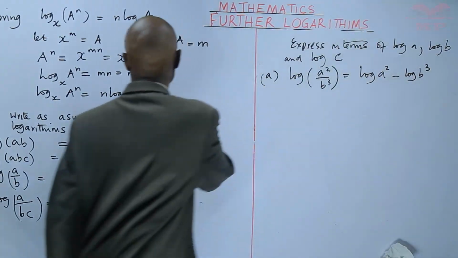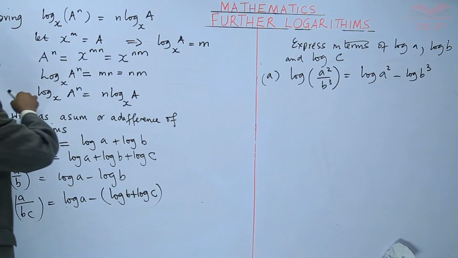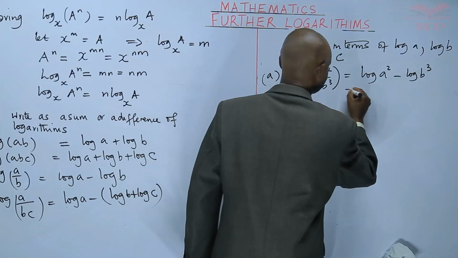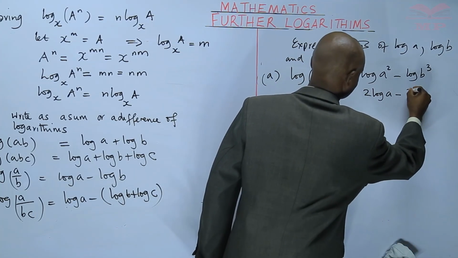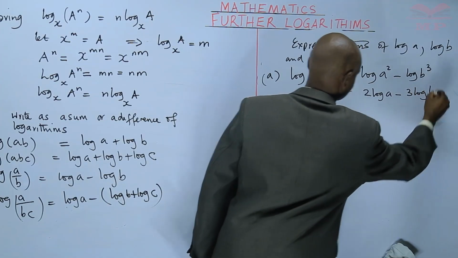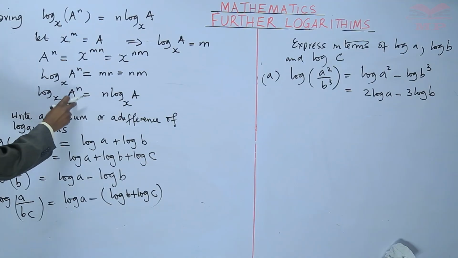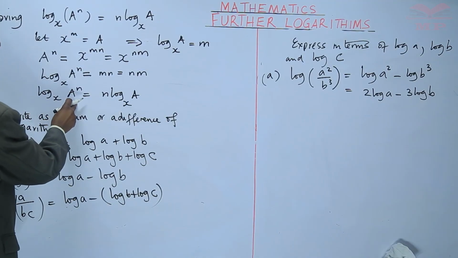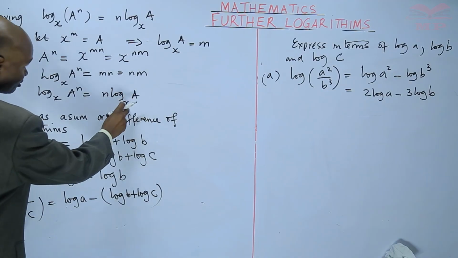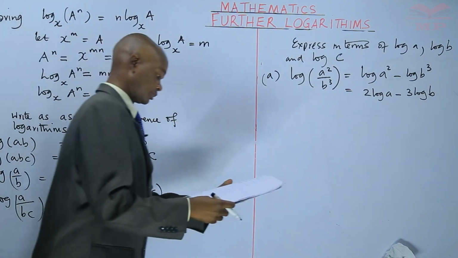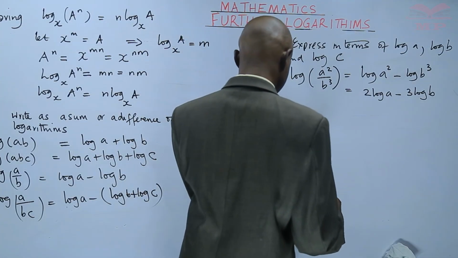But there is something you've learned here. You can apply it. This power can come there. So it is the same as having 2 log A subtract 3 log B. As simple as that. You apply that one: log to the base x of A raised to n is the same as n log A to the base x. So with that, work out this.